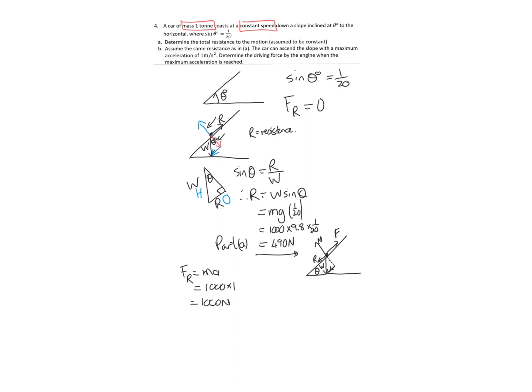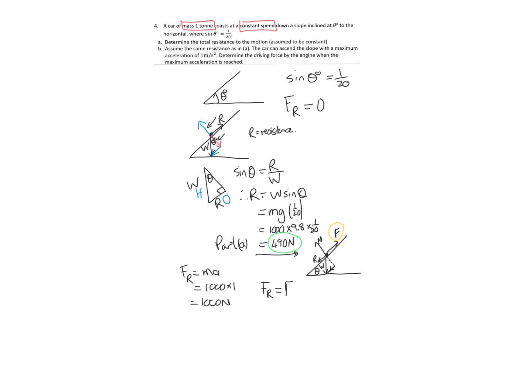Now remember, in part A, I've worked that out. That was the 490 newtons. So that was a piece parallel and the piece of resistance because they just work in opposite directions. So in this particular case, my force resultant must equal, now think about it, what must be bigger? The bigger one must be the force going up because it needs to win.